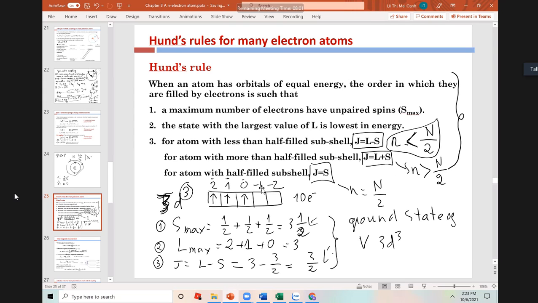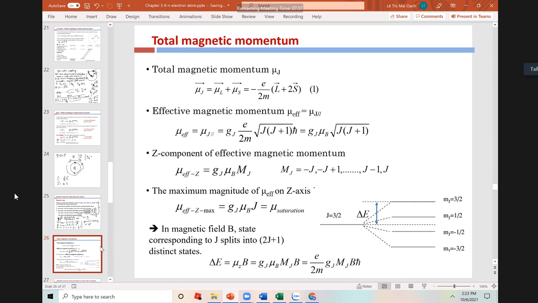From the 3 values of L, S, and J, you can calculate the magnetic moment of the atom. For the magnetic moment of the atom, you can use the formula for the hydrogen atom. It's the same as for the hydrogen atom.